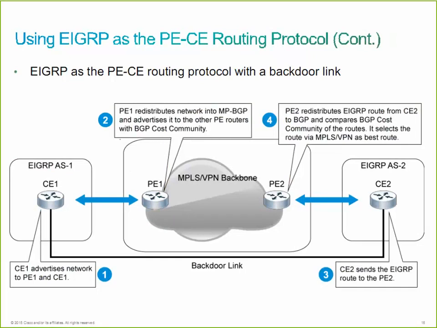So we have CE routers that are connected with this backdoor link, and the backdoor link is primarily used as a backup if for some reason the MPLS network fails or reachability to the MPLS provider fails or whatever. So the CE1 router is running EIGRP between the CE1 and PE1 router, and also between CE1 and CE2. How could that be actually done?